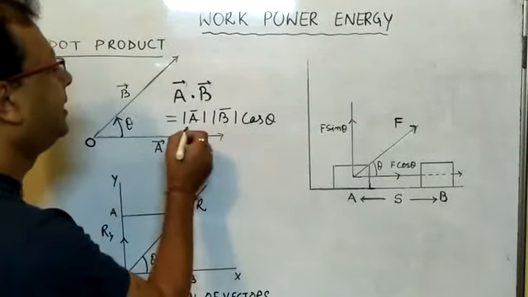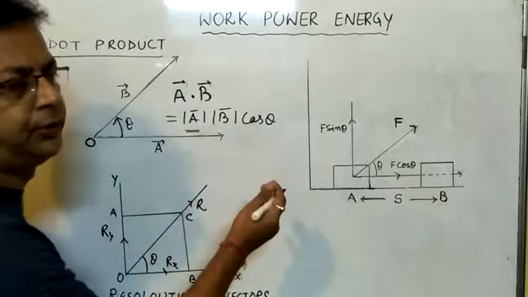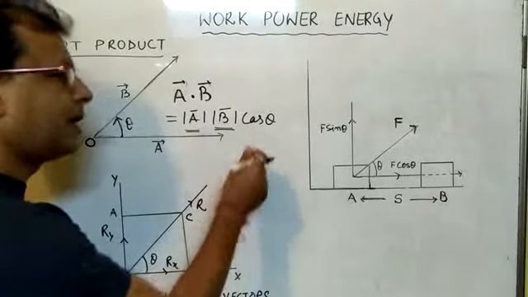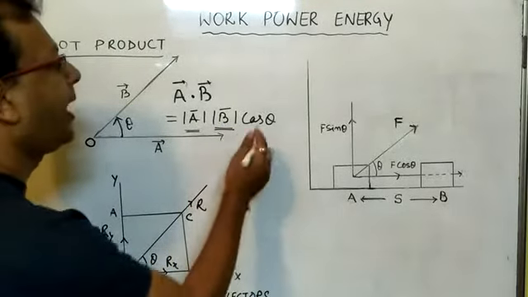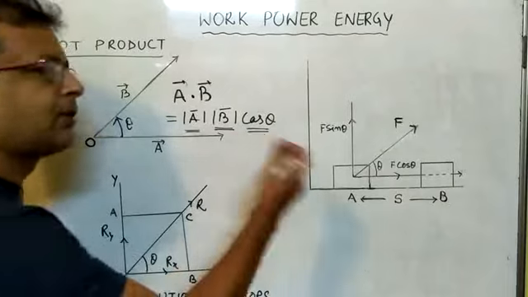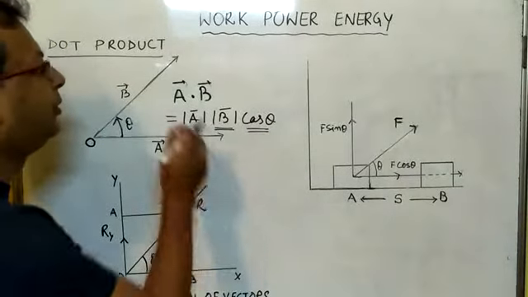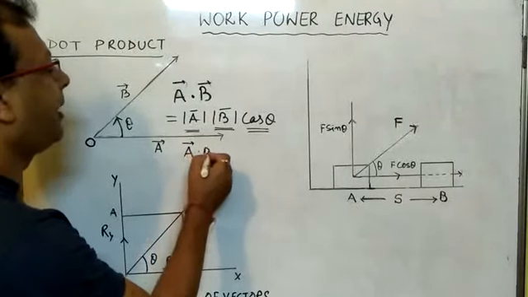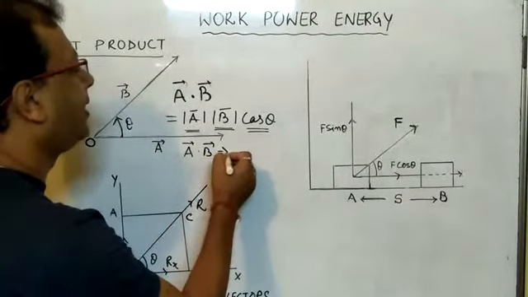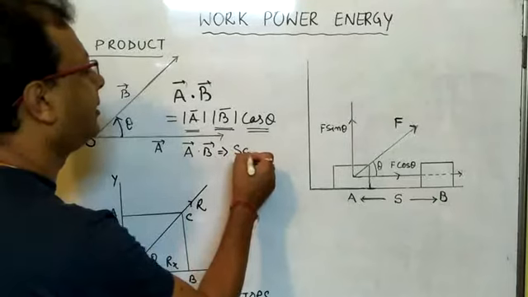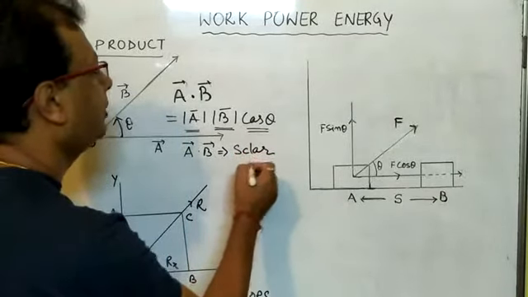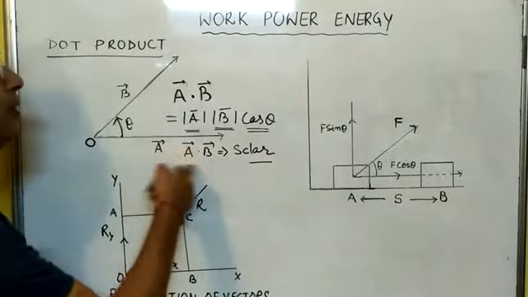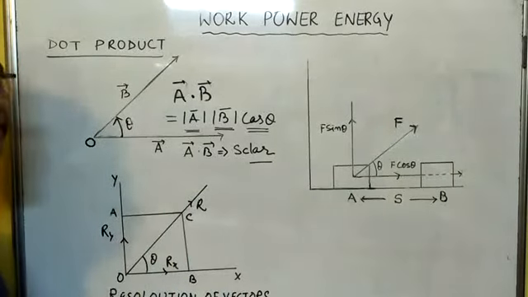Now you see, this is a magnitude, this is also a magnitude, and this angle is also a magnitude. So, if you multiply two vectors, A bar dot B bar, and the answer is a scalar, then we call it a dot product.